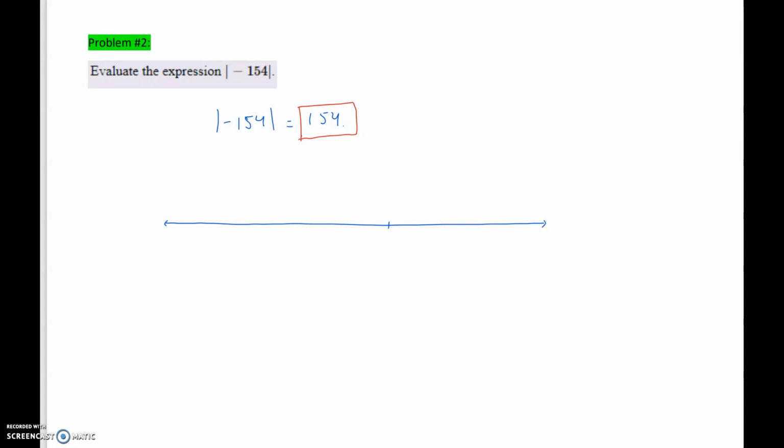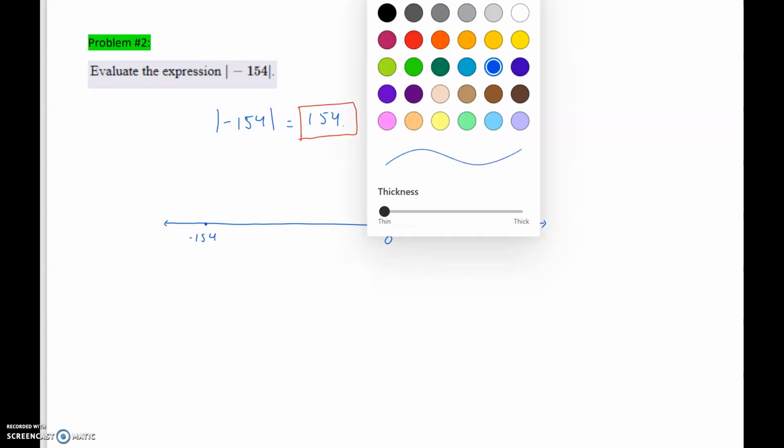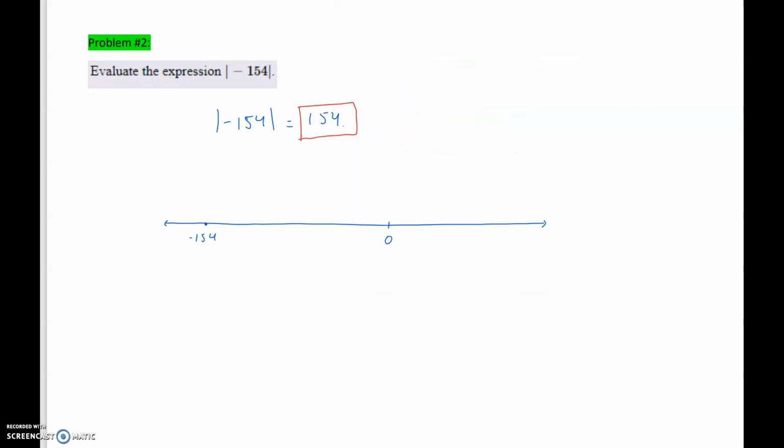So technically you're looking at 0. This value here is negative 154. Now, since absolute value represents distance, the distance from negative 154 to 0 is 154 units. So that's why we always express it as a positive value.